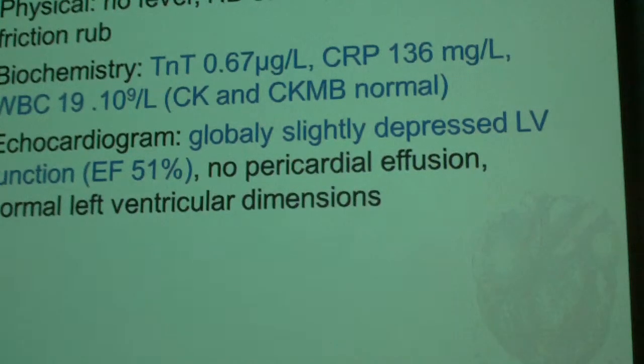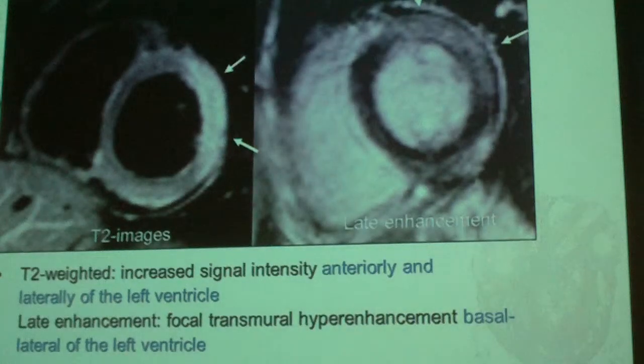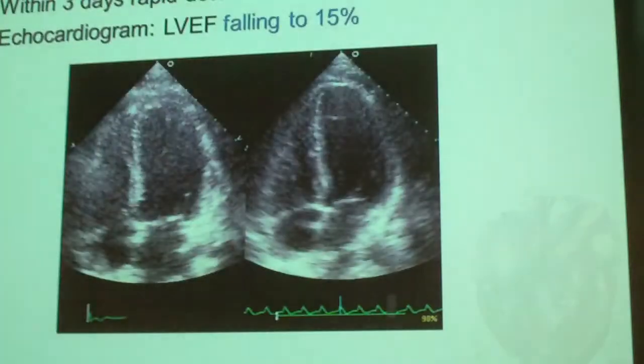We made an echo, and there we saw a global, slightly decreased ejection fraction. Normally it's 55 and up, now it's 51. It's nothing really disturbing, only that she had some myocyte necrosis. So she stayed with us for one more day, and we made a cardiac MRI.